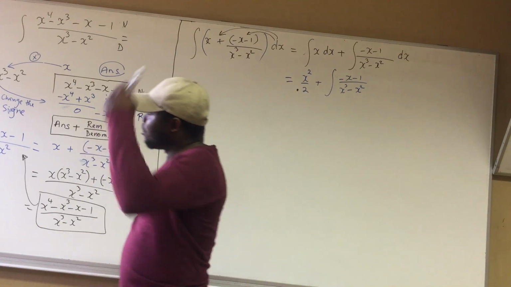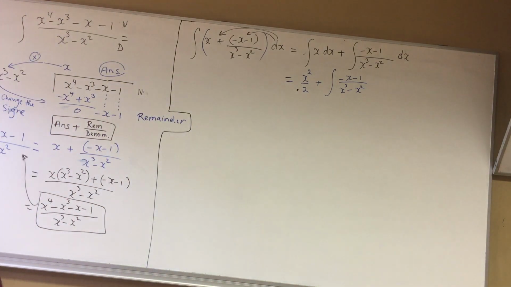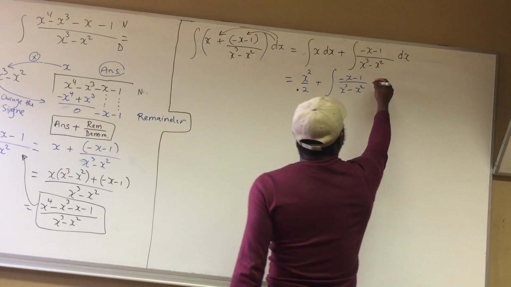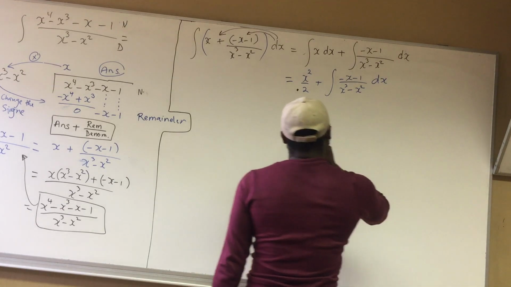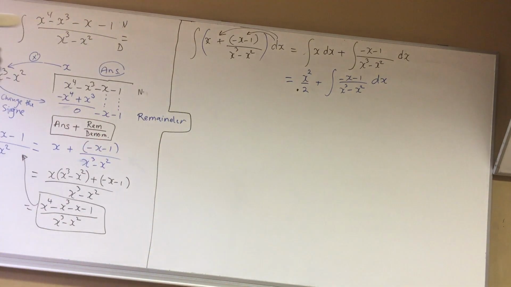So you can put the minus outside, you can factor it so it becomes x plus 1, but I want to leave it this way. I want to work it out like this. So, what's the next step?